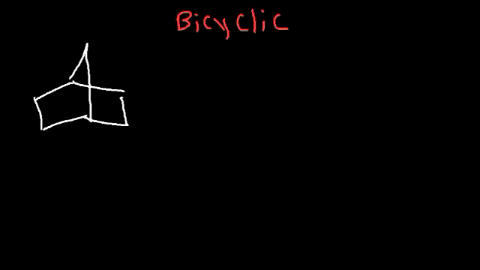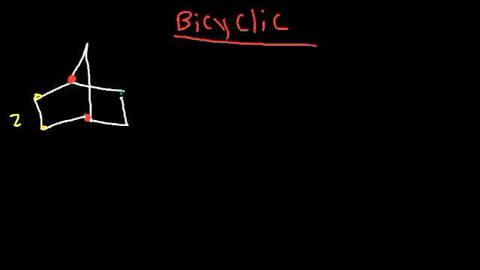Now consider this molecule. How would you name it? This is a bicyclic compound. And the first thing that you need to do is to identify the bridgehead carbons. The bridgehead carbons are these carbons. And you need to know how many carbons are in each link. In this link, how many carbons are there? Notice that there's 2 carbons. So we have 2 on this side. And what about on this side?